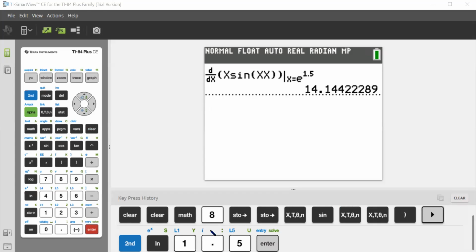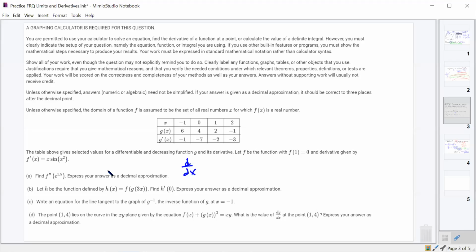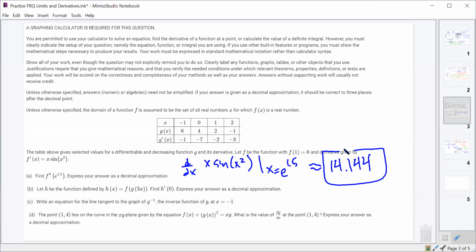If this was the AP test, you'd write the derivative with respect to x of x sine of x squared, evaluated at x equals e to the 1.5, is approximately equal to 14.144. And that's it for part A. Easy enough.